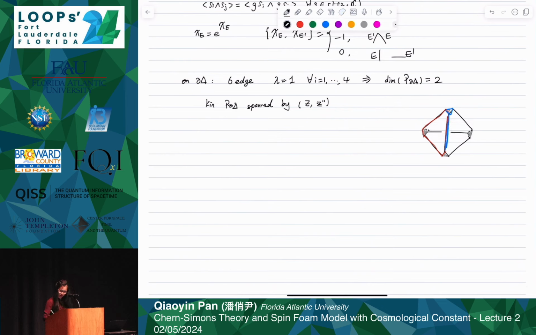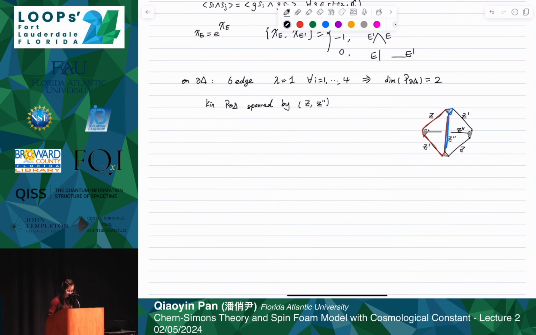They are associated with the edges. I would say this is e, and this is e double prime. And you will realize that on the opposite edge, they are associated with the same FG coordinate, just by direct calculation using the framing flag. And I also introduce a redundant coordinate, I call it z prime, on the remaining 2 edges.